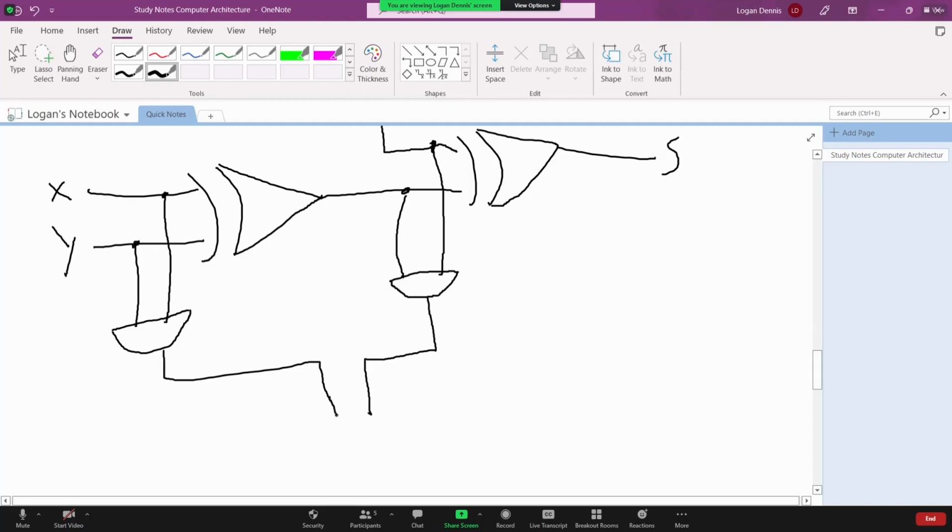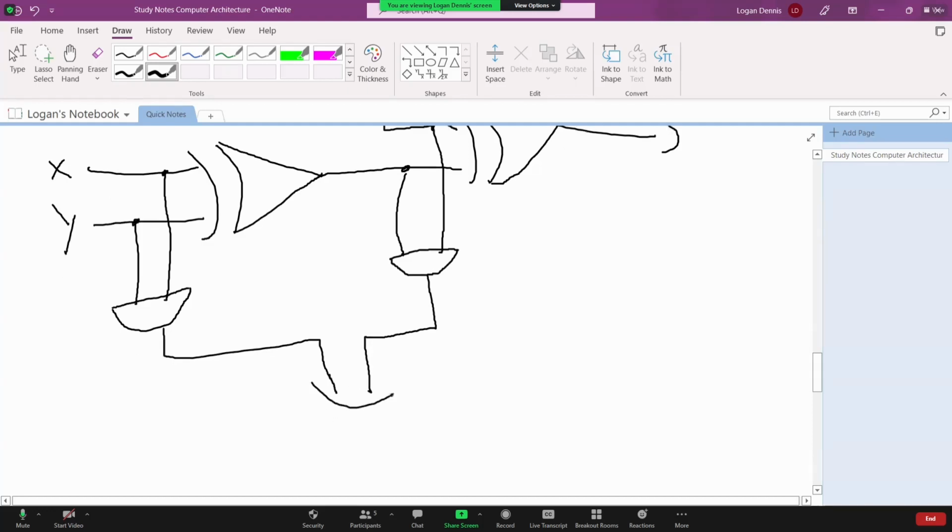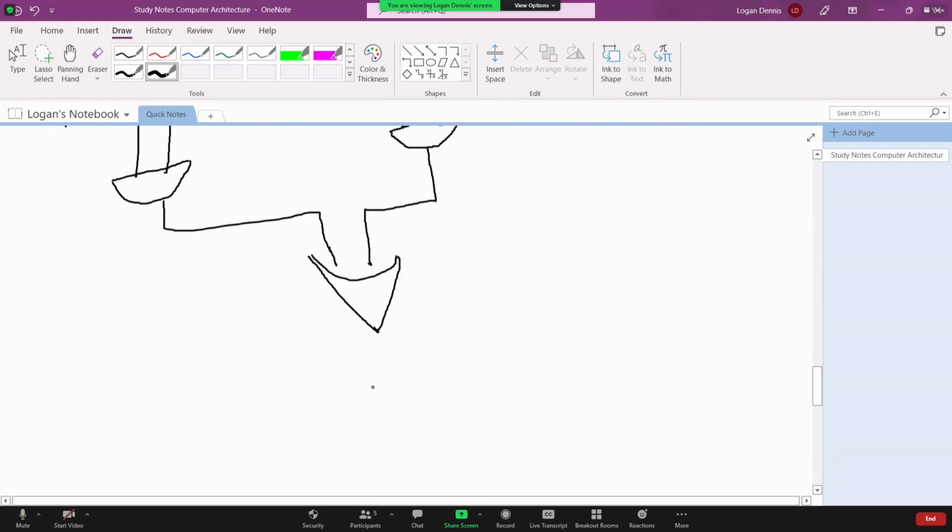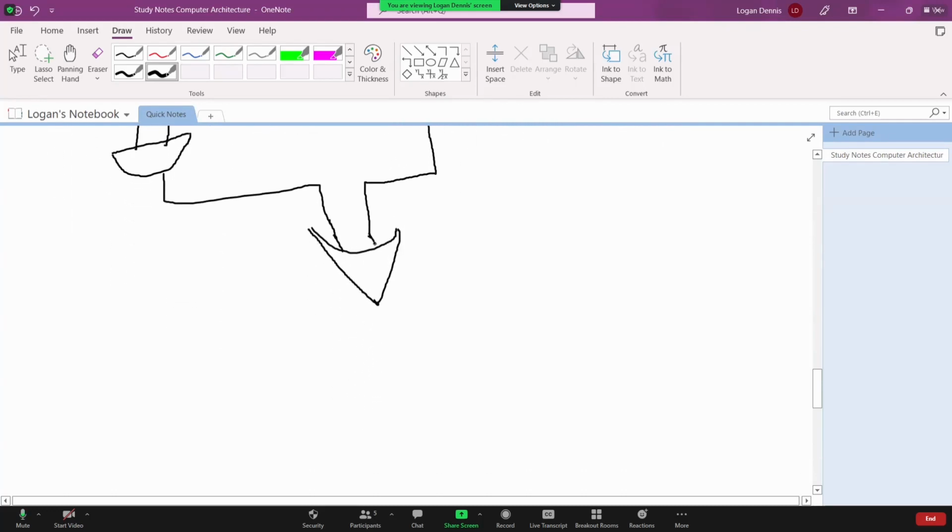I don't think he would confuse XOR because it has the little gap, the line. It's more for differentiating OR.